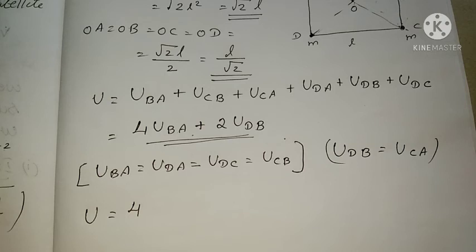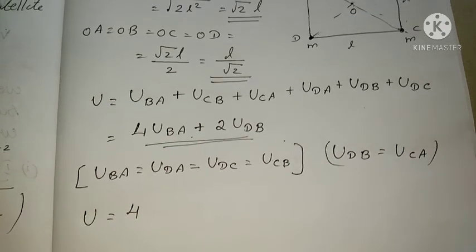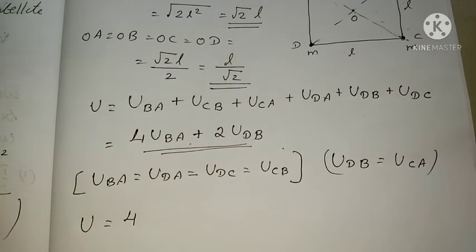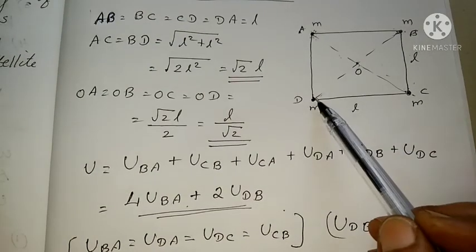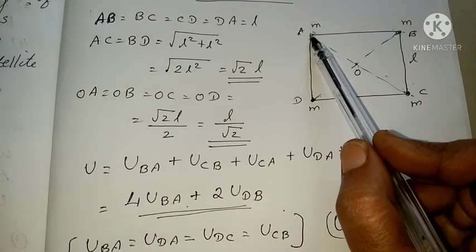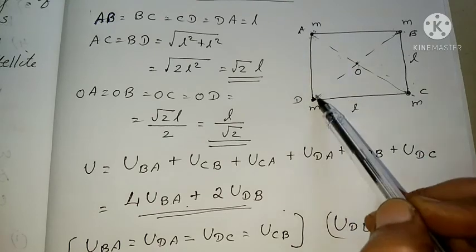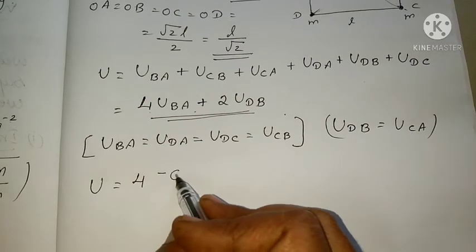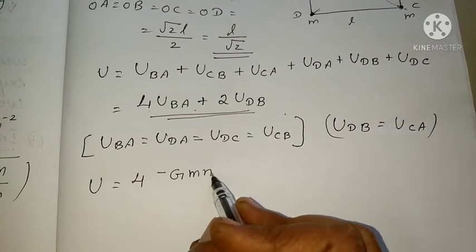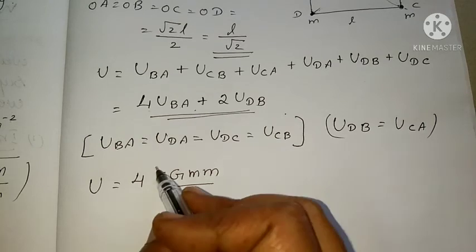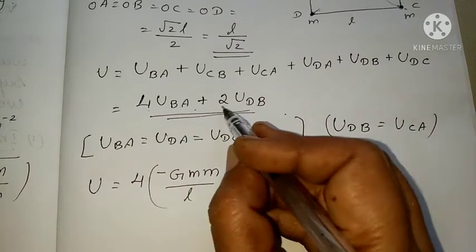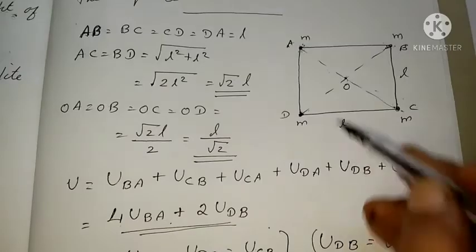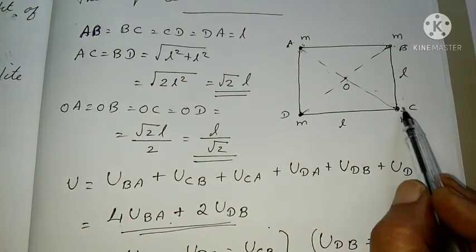Minus G M1 M2 by R. Here, instead of M1 M2 it is M and M, and instead of R it is L. So we can write 4 into minus G M square divided by L. Similarly, plus 2 into UDB and UCA.